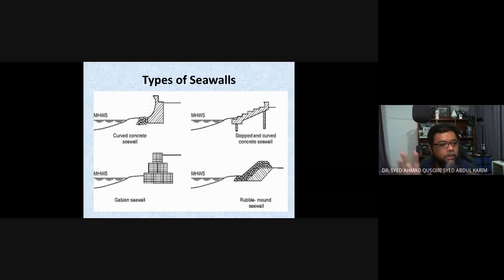Okay, di antara batu ni, those voids will help to absorb the seawater and also the waves. So when the waves go back to the sea, the power that the wave carried has been reduced. And this is the Gabion seawall, more towards a temporary seawall.